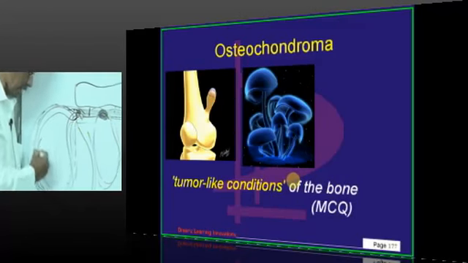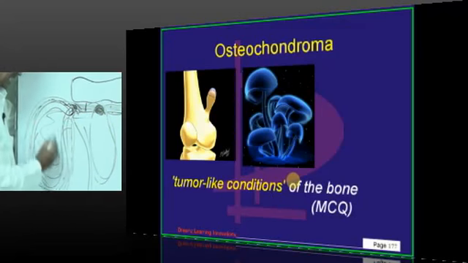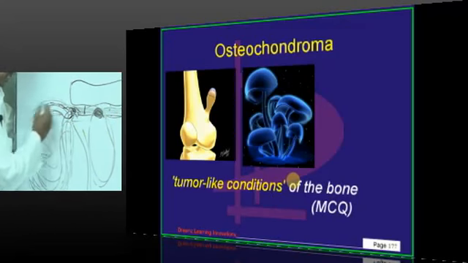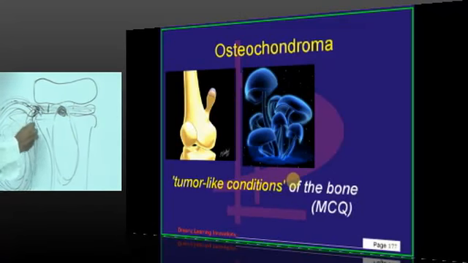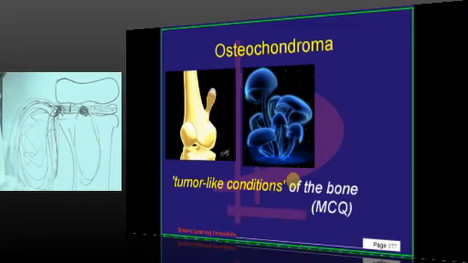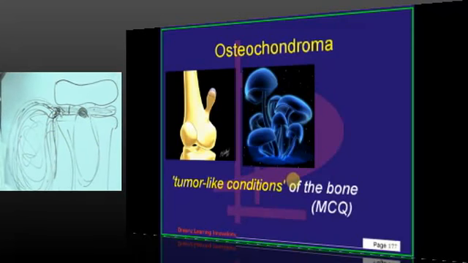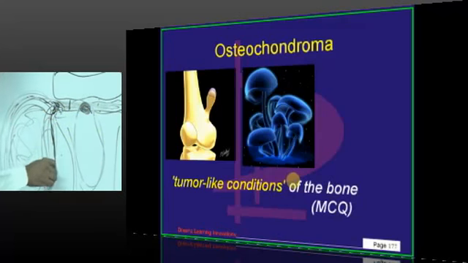So there will be bone formation, but it is surrounded by a cartilage cap. It starts in this growth plate area and then slowly grows away, towards the growth of the parent bone, from the metaphysis towards the diaphyseal area.